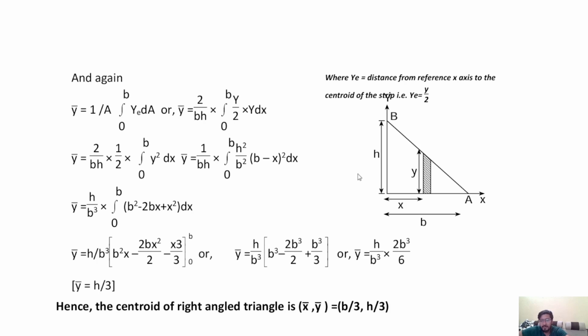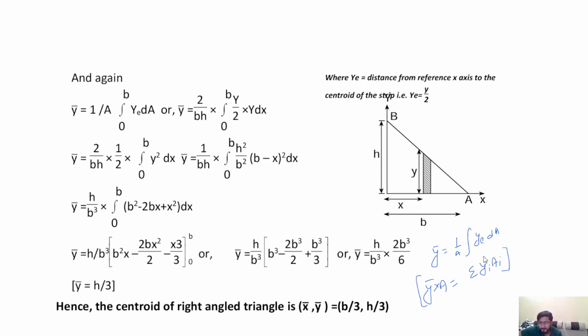For y bar, we have the formula y bar is equal to 1 by A integration y dA. This is the formula which is similar to y bar times A is equal to summation of yi Ai, which is similar to the composite formula.